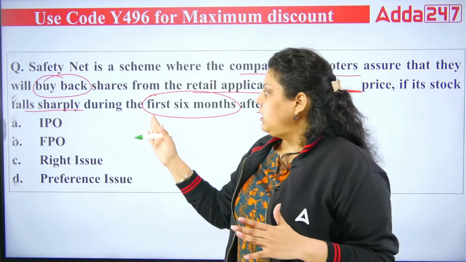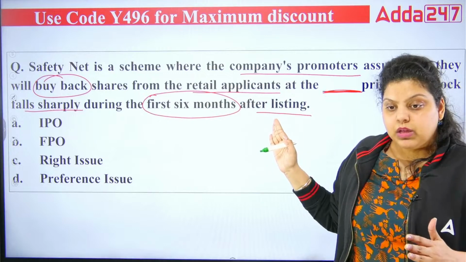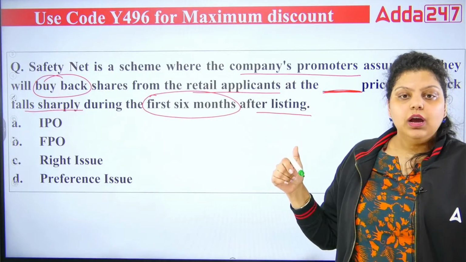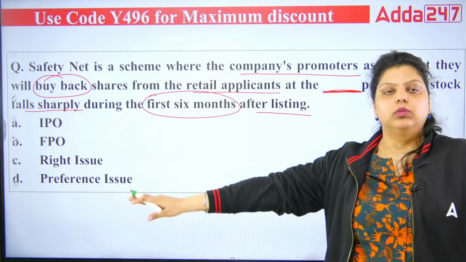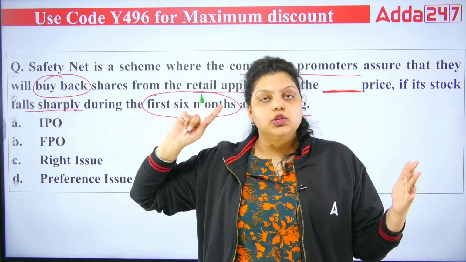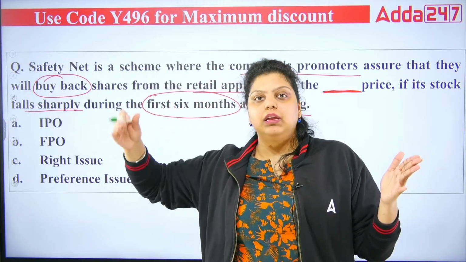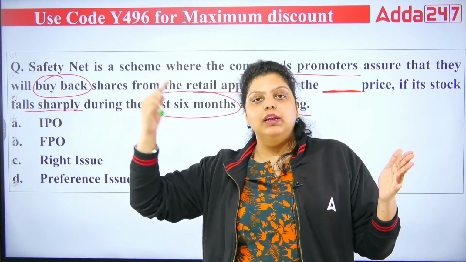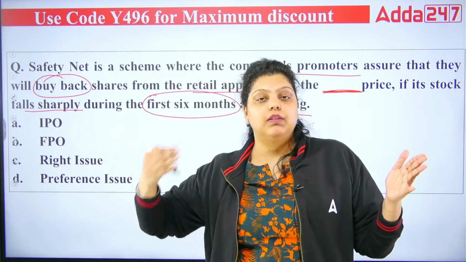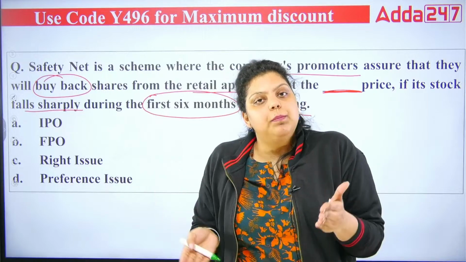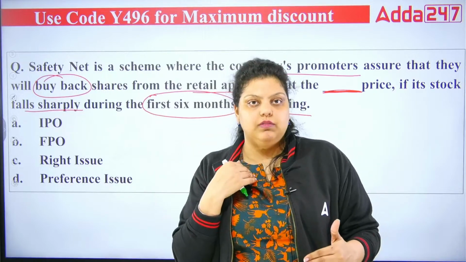But what happened in the first 6 months? I am just facing loss in that particular security. It means the share's value is falling down. I purchased the share at 1000 rupees, but now its value is declining, 1000 to 900, 900 to 800, 800 to 750, 750 to 700. The prices keep falling. In that situation, the company will buy back the shares from the investors.